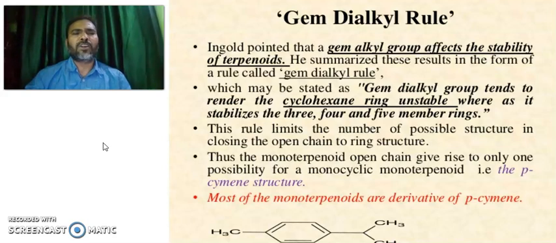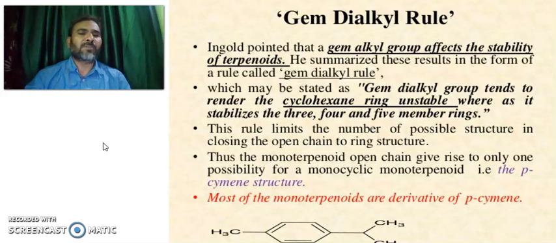This rule limits the number of possible structures in closing the open chain to a ring structure. The monoterpenoid open chain gives rise to only one possibility for monocyclic monoterpenoids, that is the paracymene structure.